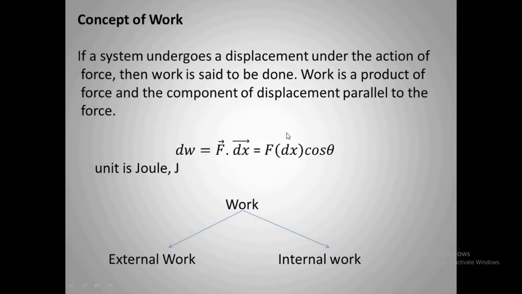So small work dW is equal to F dot dx, which is equal to |F| |dx| cos theta, where F is the force applied, dx is the small displacement due to the action of force, and dx cos theta is the component of displacement parallel to the force.